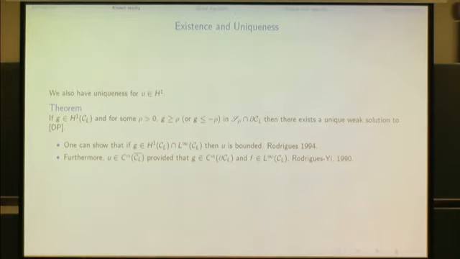Clearly, from this comparison principle, if we impose these conditions on our boundary data on the top or on the bottom, then the sufficient condition for stability will be satisfied, and you will get uniqueness. So if you combine Rodrigues' theorem and the comparison theorem, you will get that there exists a unique weak solution under fairly general conditions on the data.